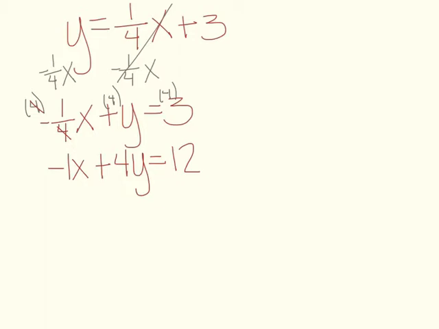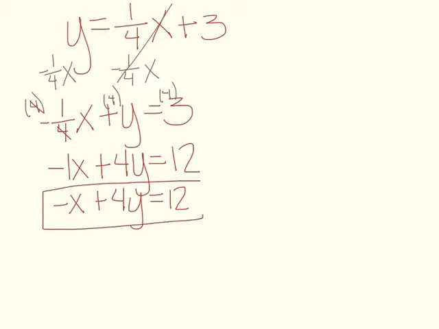So the fact that we have a negative 1 in front of this x is kind of redundant. We can just write this as a negative x plus 4y equals 12. This then is the standard form of the equation y equals 1/4 x plus 3. Okay, so there's an example of going from slope-intercept to standard.